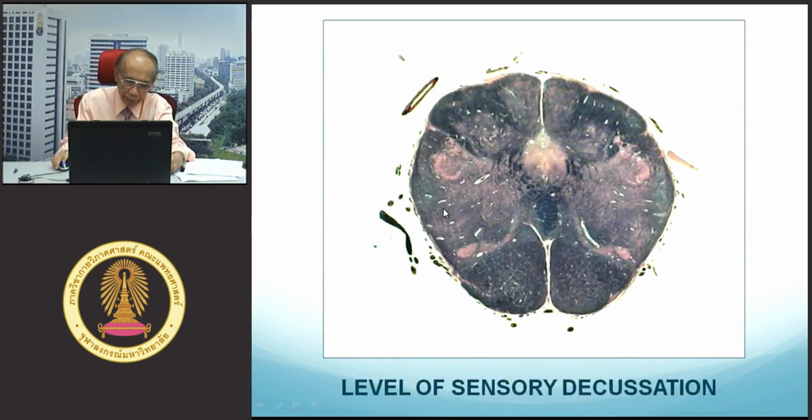The next level of the medulla is the level of sensory decussation.